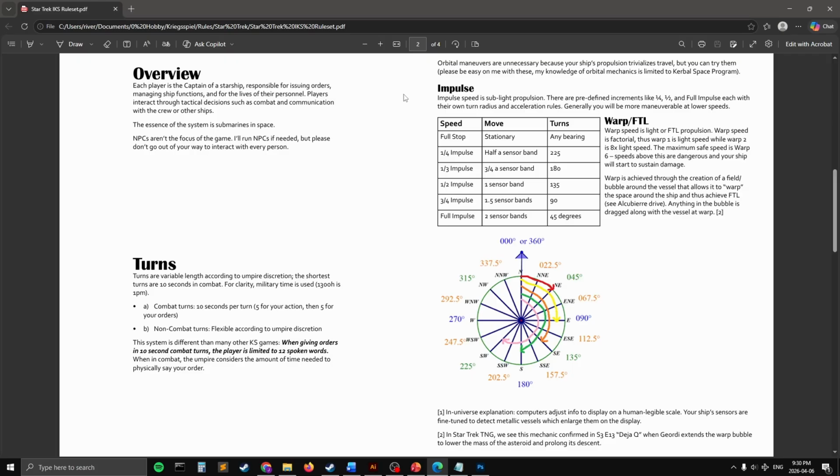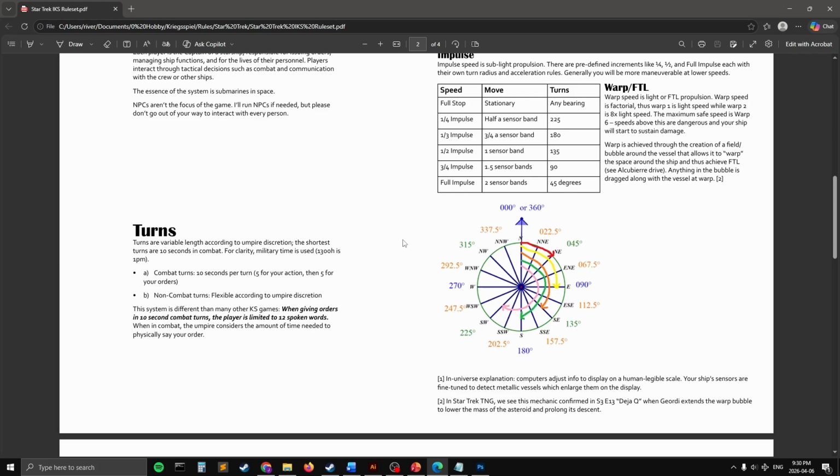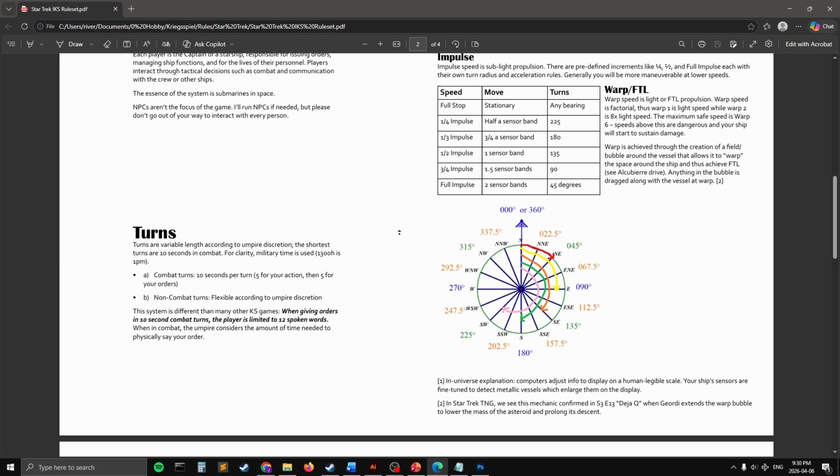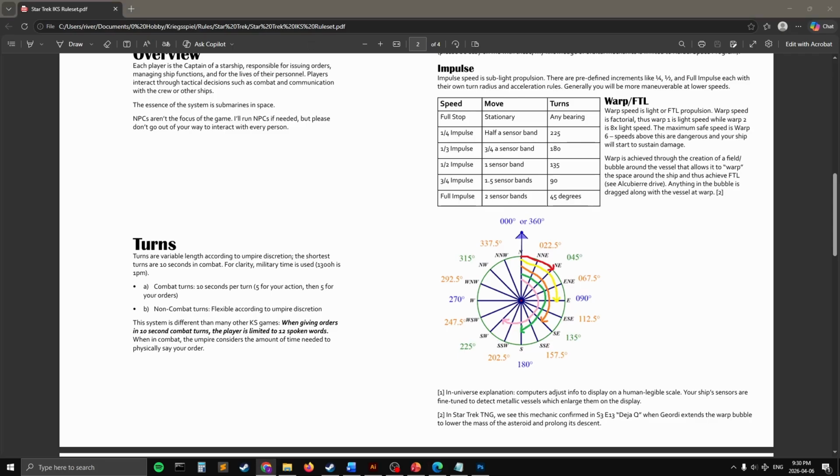And you can already replicate that with just warp speed or something. Definitely you want full stop, right? You can do a stop, but all this quarter impulse and so on, no, nobody cares. Full stop, impulse, and then low warp, high warp, I think is plenty. Might even be too much.